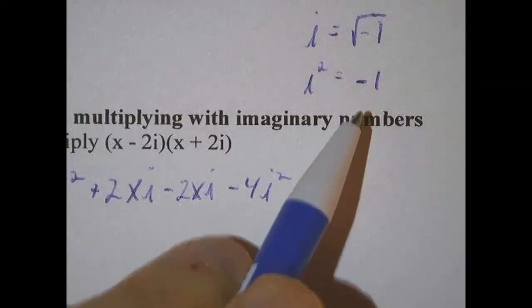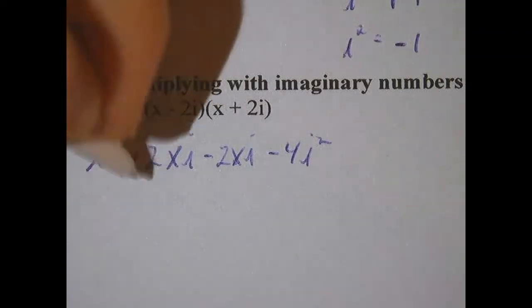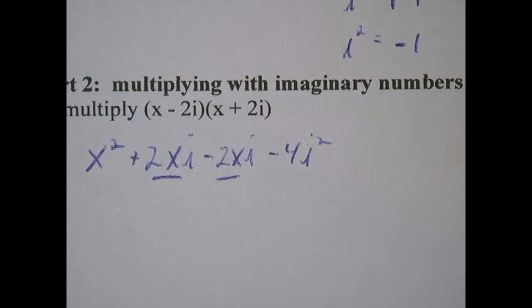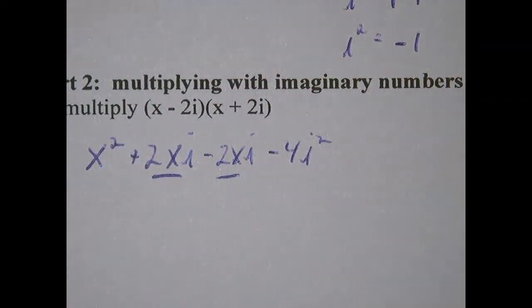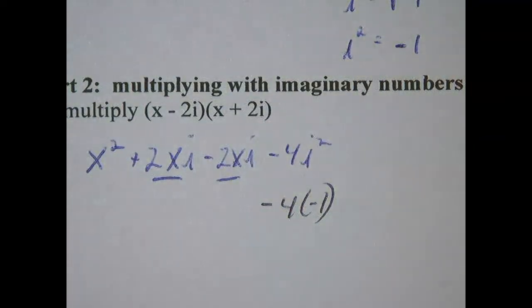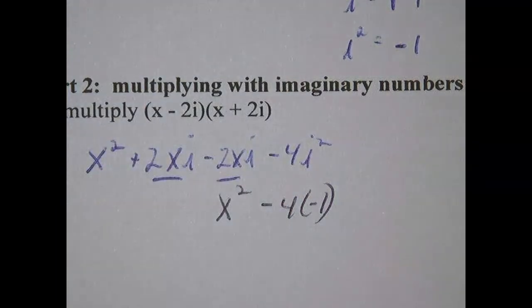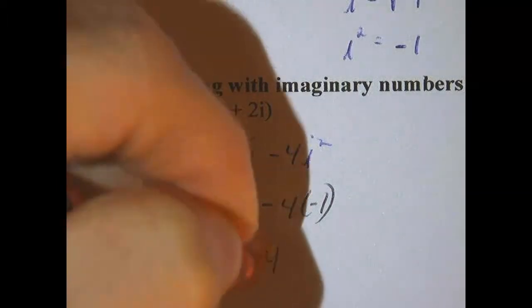So we're actually going to lose all of our imaginary parts in this product. These two, because they're the same, cancel out, right? Plus 2xi and minus 2xi just cancels out. And this one, because it's -4 times -1, right? Because i squared is -1. So you get x squared minus 4 times -1, which is x squared plus 4.